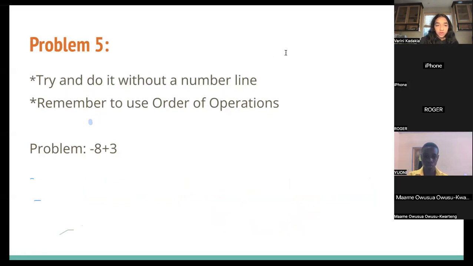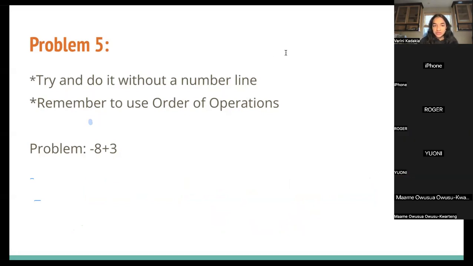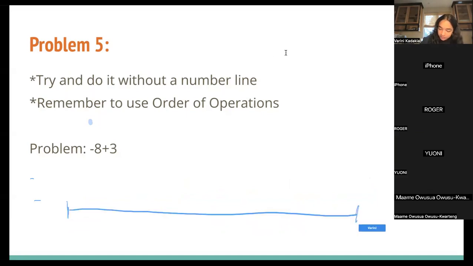Yeah. So I think someone was also drawing the number line. Sorry, I was a little confused about what was going on. But yeah, we can take a look at the number line. We'll put 0 in the middle and we'll do 1, 2, 3, 4, 5.